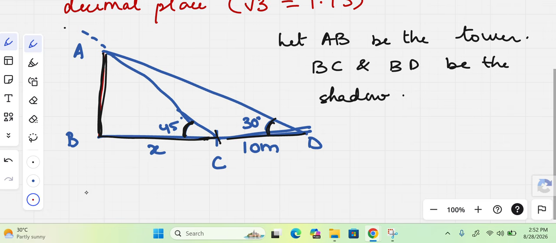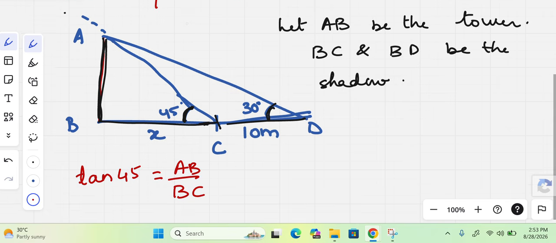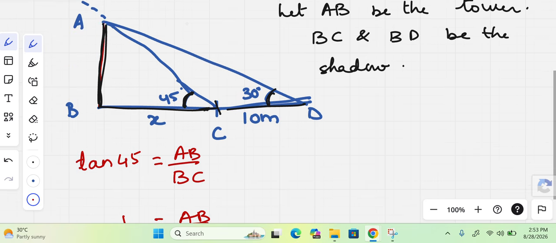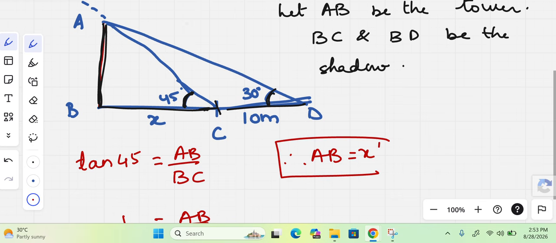Tan 45 is equal to AB by BC. How much is tan 45? 1. Therefore, you will get BC is equal to AB. That means our AB is also how much? x. So that we have done.